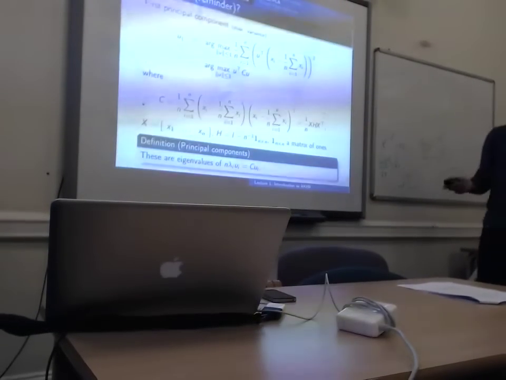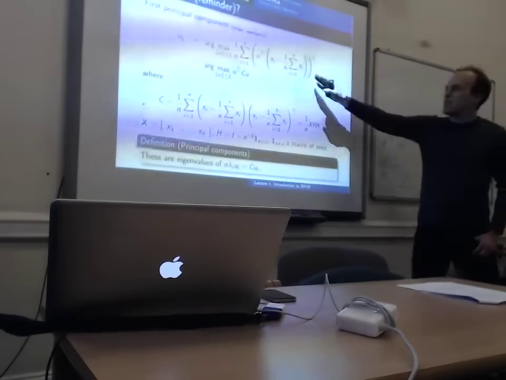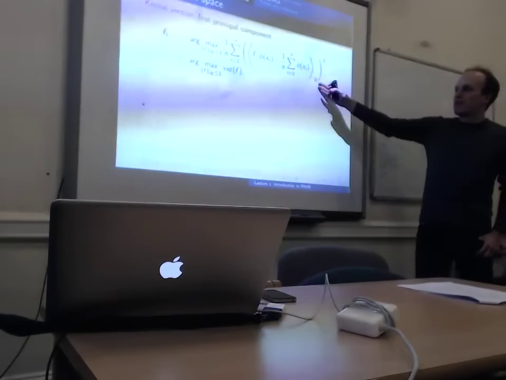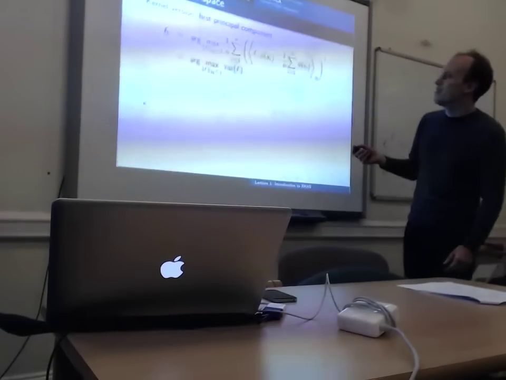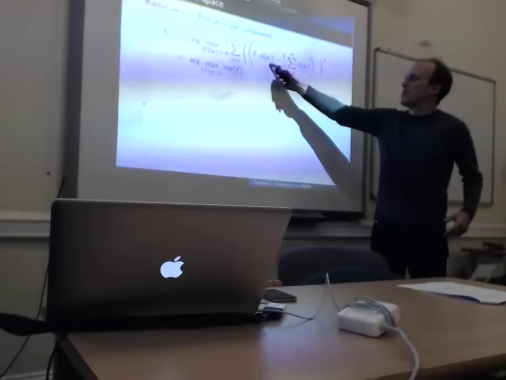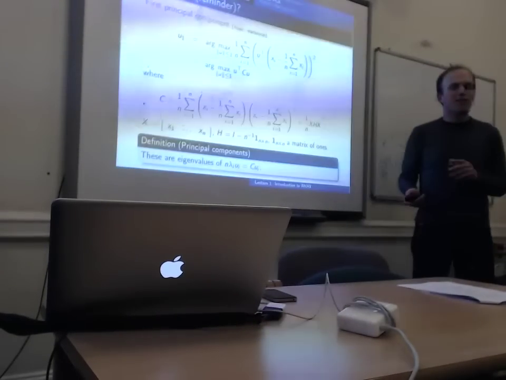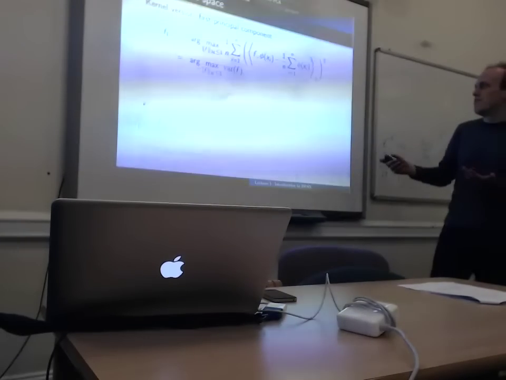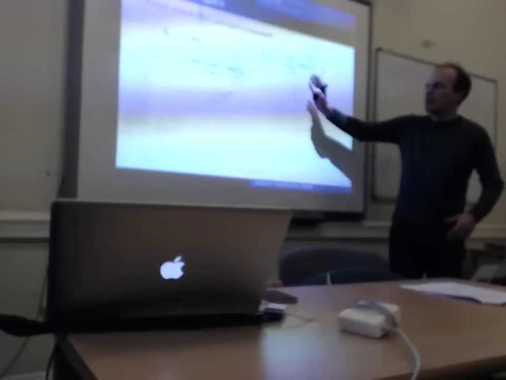Okay, so I want to do this now in feature space. So here's my expression in input space. Here's my expression in feature space. What you might notice is that they're pretty much the same, as you certainly would hope. I've just taken my x's and replaced them with phi of x. Here is my mean. Remember that in the last example I gave in the previous talk, the mean in feature space is just like the standard mean. You just use feature vectors where you would use your x's.